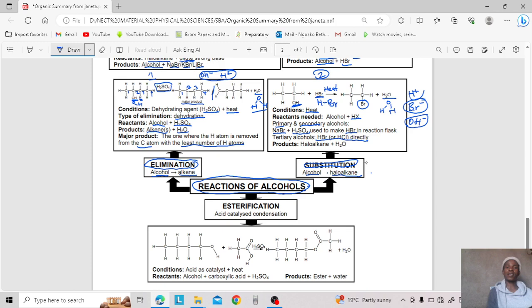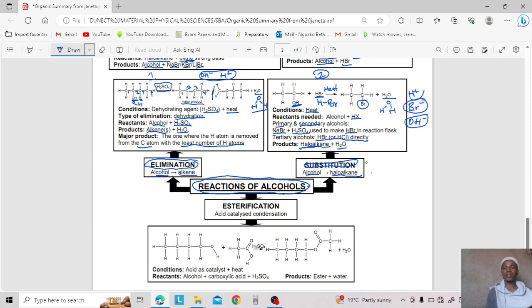So the product is a haloalkane plus H2O, because we're not eliminating, so the product will still remain an alkane skeleton.